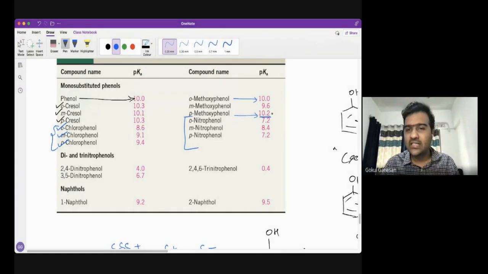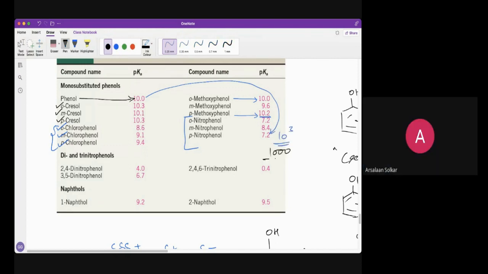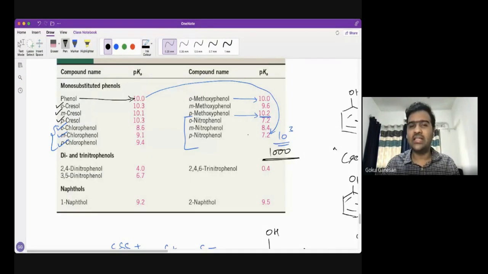Now, if we revisit the table, we realize that the para-nitrophenol, presence of nitro group at the para position, which increases the number of resonating structures just by one resonating structure, increases the acidity of phenol by a factor of, can I say 10 to the power 3 times? There is a 1,000-fold increase in acidity just by increasing one resonating structure.